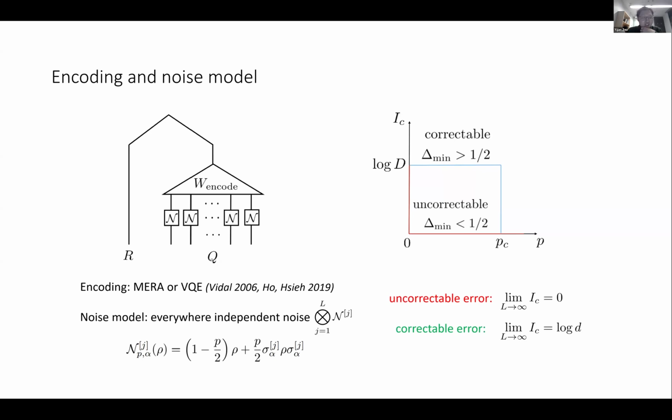If you have this W encoding, the logical operator can be given by first reversely running this encoding unitary, then you just do a bit flip on the original logicals, and then you run the encoding back. So that is the logical unitary, but it must be very, very complicated.